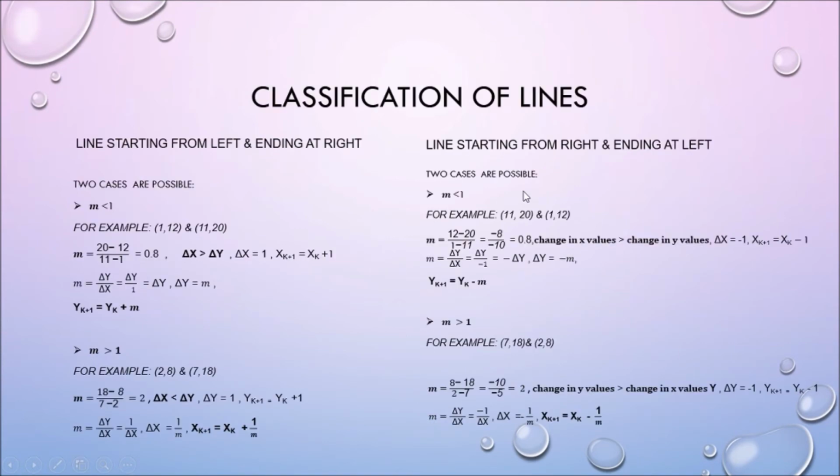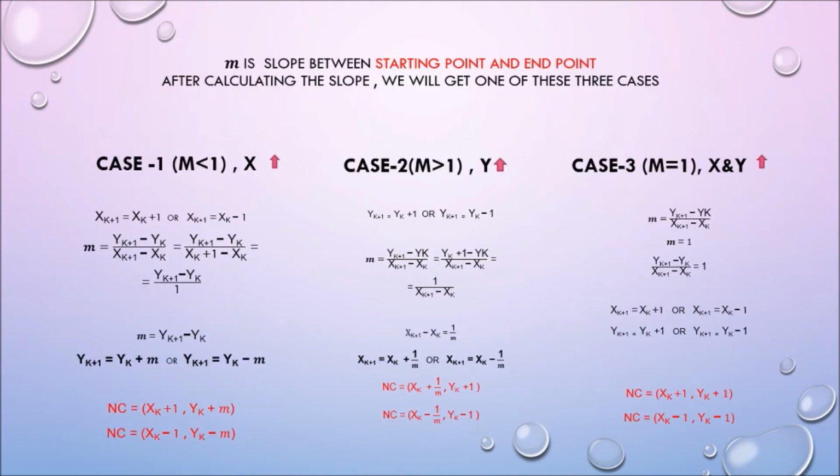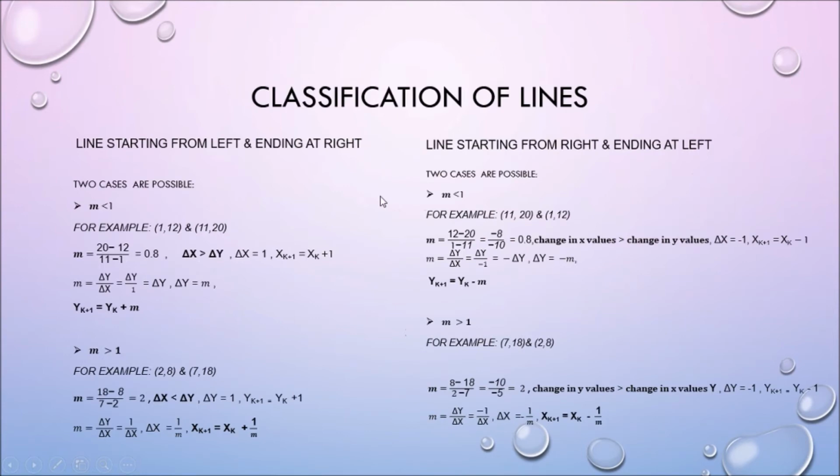When line starts from right and ends at left, it means that the values of x and y are going to decrease. So in this situation, we will take second values according to the value of slope, of course.